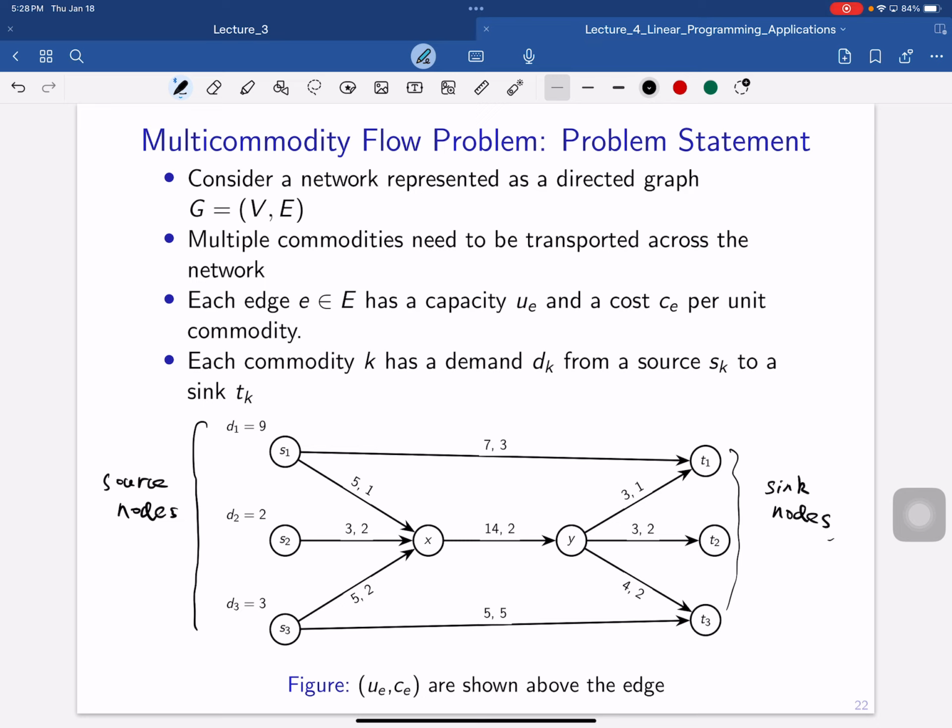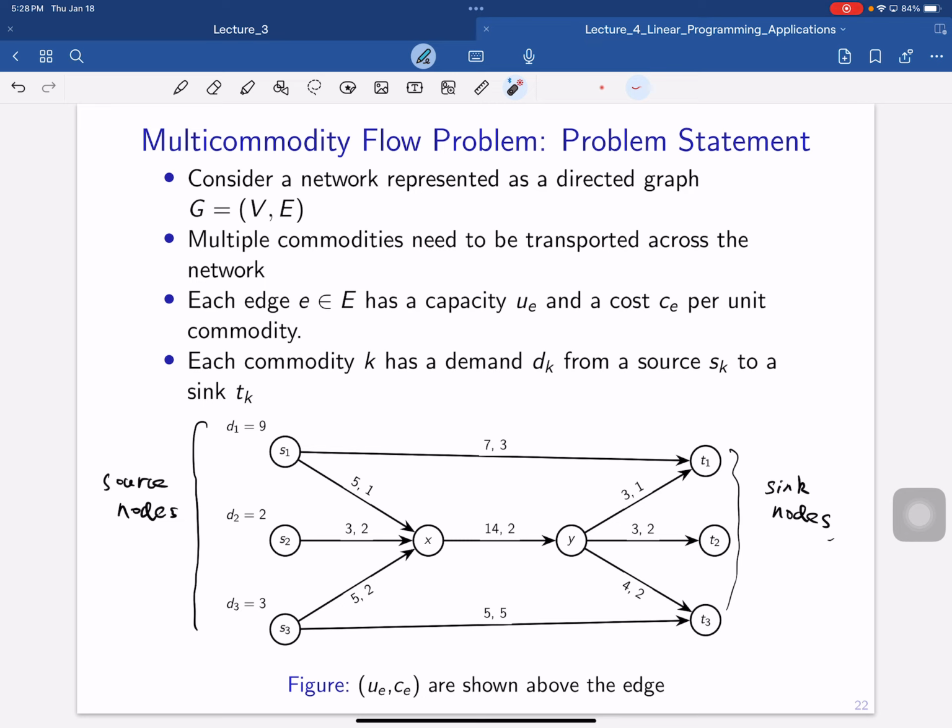So let's say at each of those source nodes, you have some commodities you want to ship to the sink nodes, right? That's what happens with all those companies like FedEx, right? They have a bunch of commodities at some given location. They want to ship it to some other location, right?